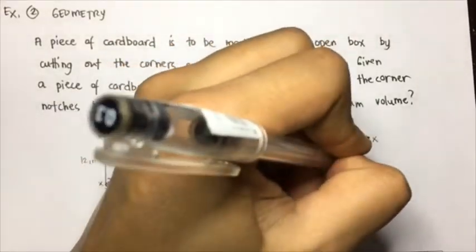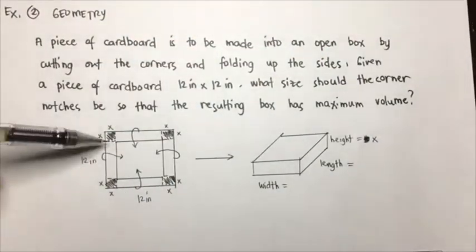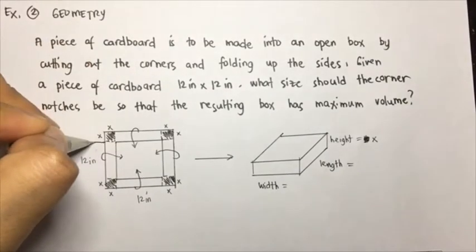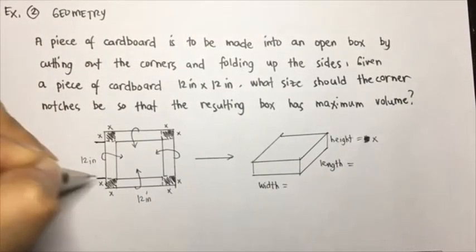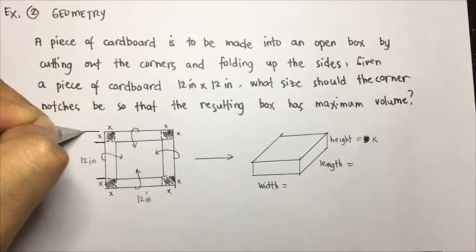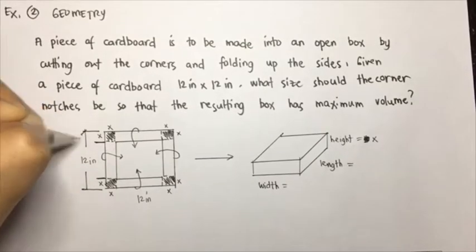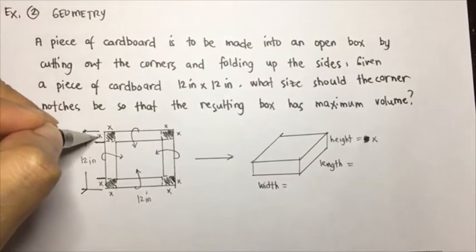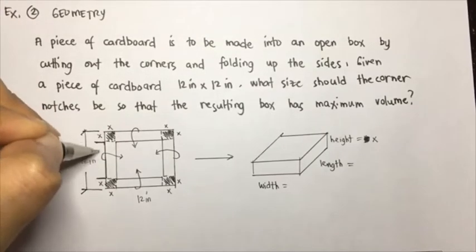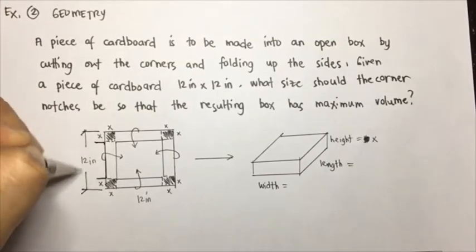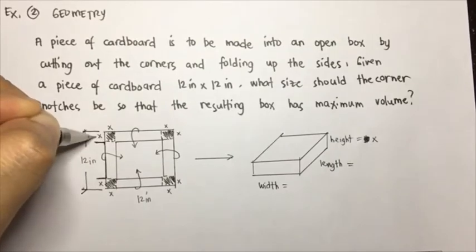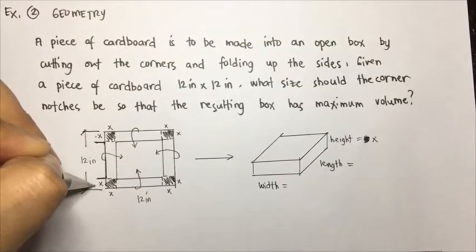The length and the width, on the other hand, will become this dimension. Since this originally was 12 inches, and on this side we're only measuring this side, therefore this is 12 inches minus x and minus x.